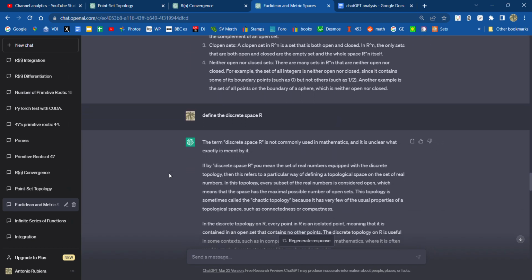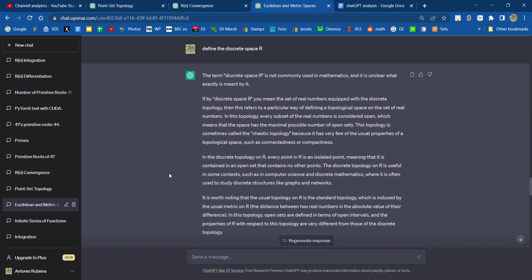Yeah. Define the discrete space R. Very interesting one. But I asked the question in the wrong way. And yet it did answer it correctly, the discrete topology.